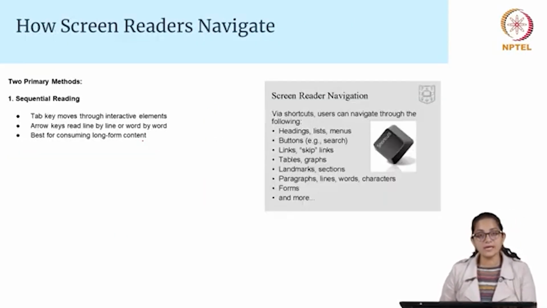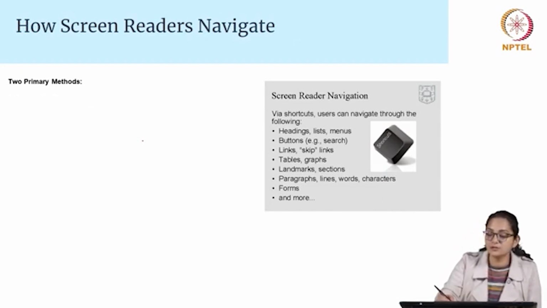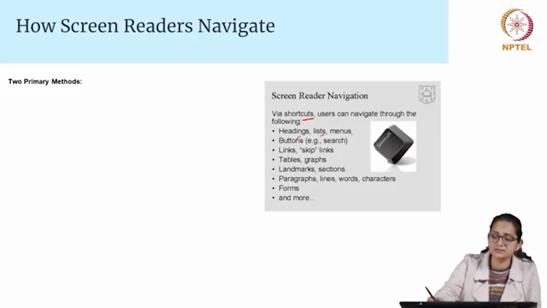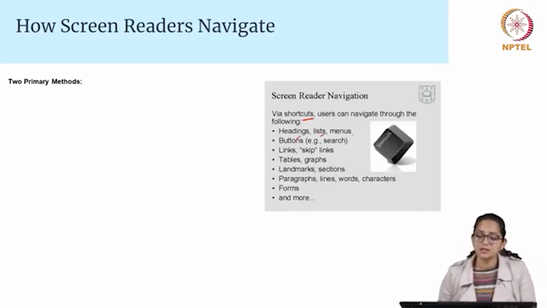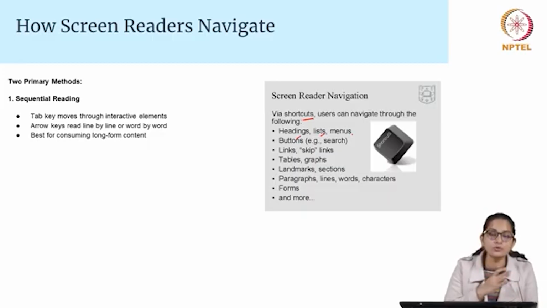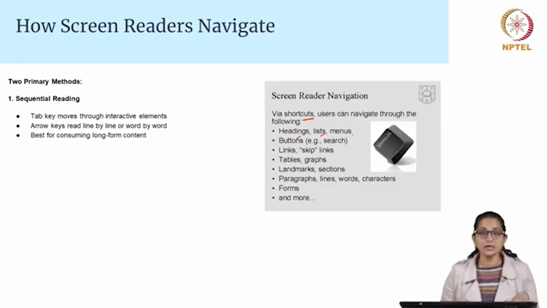So how do screen readers actually navigate through your code? Screen reader navigation can be via shortcuts. Users can navigate through headings, lists, menus, buttons, links, skip links, tables, graphs, and more using keyboard shortcuts. One of the primary methods is sequential reading. The tab key, as we mentioned earlier, is the most commonly used method, where the tab key is pressed multiple times.